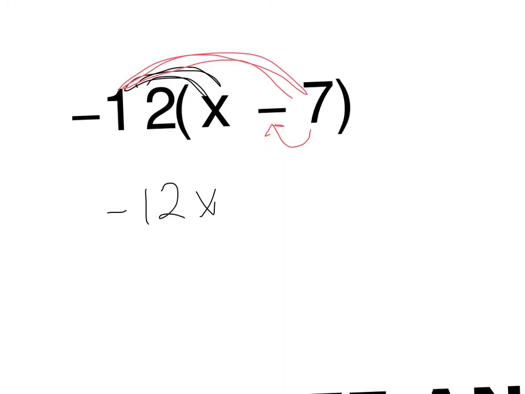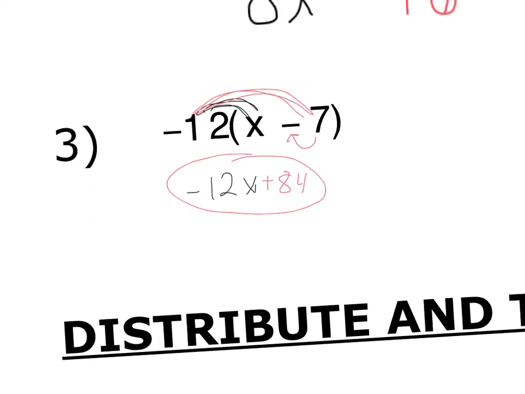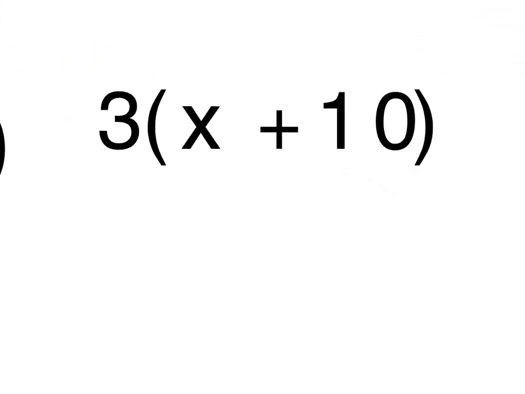Negative 12 times negative 7 is going to be positive 84. Just go ahead and add that in. That would be our solution for that one. I want you to take a quick second and try to distribute that on your own. Multiply each number on the inside by the number on the outside.